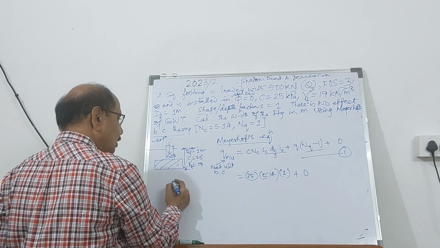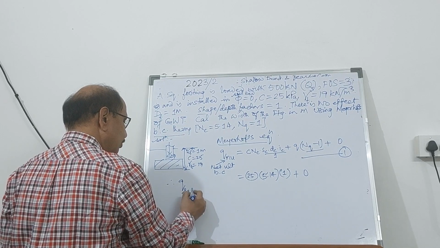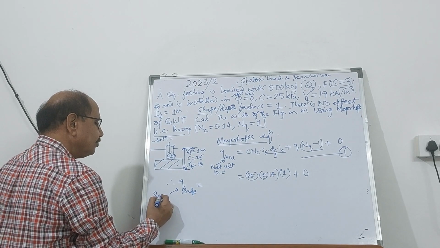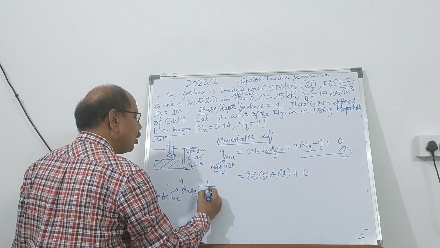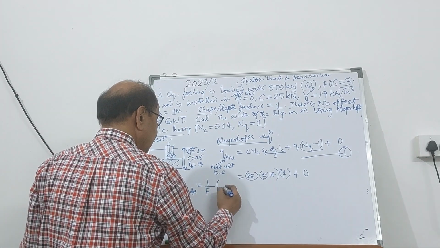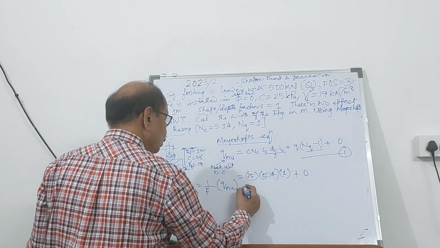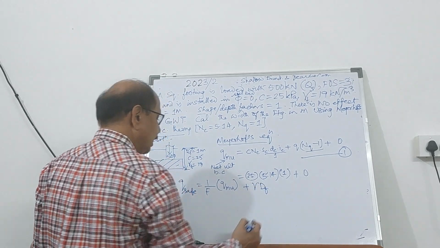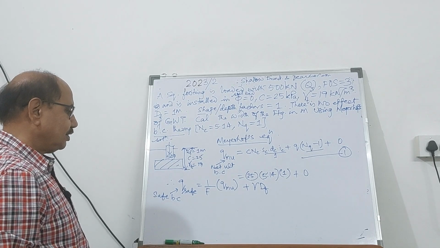Therefore, I can find out q safe, this is called the safe bearing capacity. This will be 1 upon factor of safety of q net ultimate plus the surcharge, that is gamma times Df.